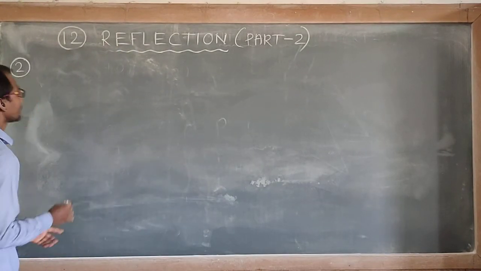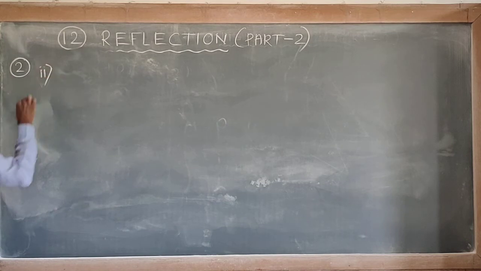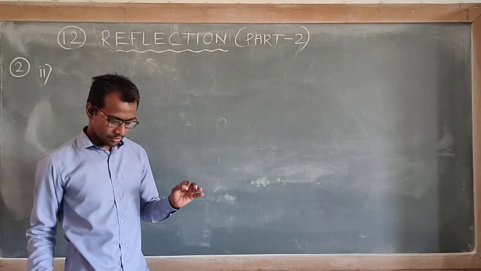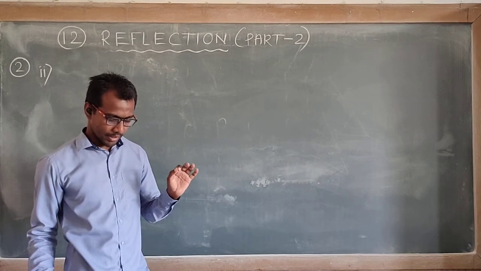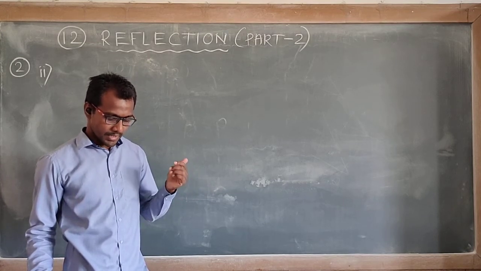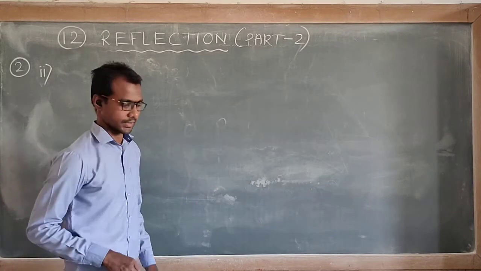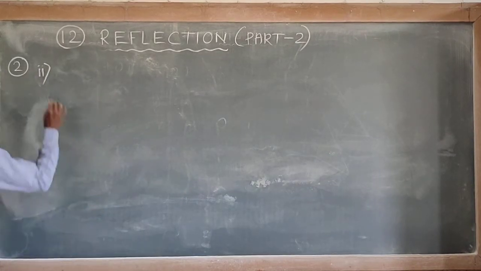Now move to second bit. Write down the images of P (3, 4) and Q (-5, -2) on reflection in line L1. Name the images P' and Q' respectively. Okay. Line L1 means x-axis.